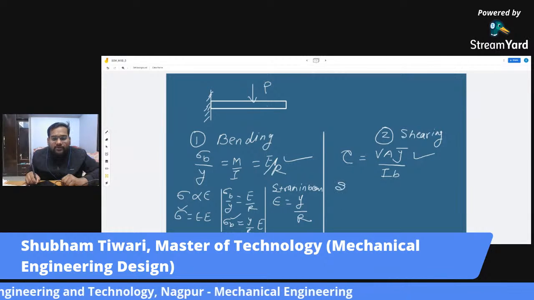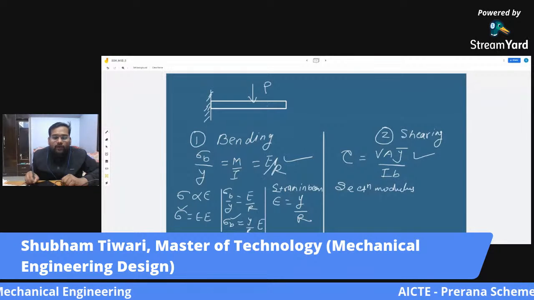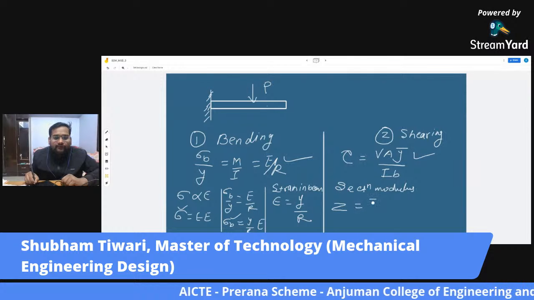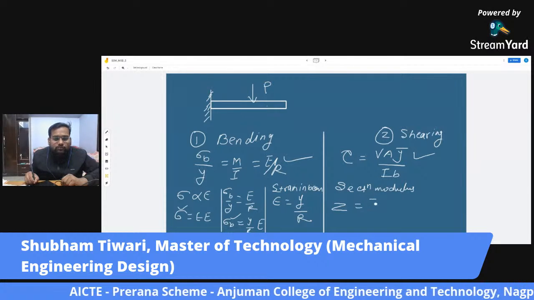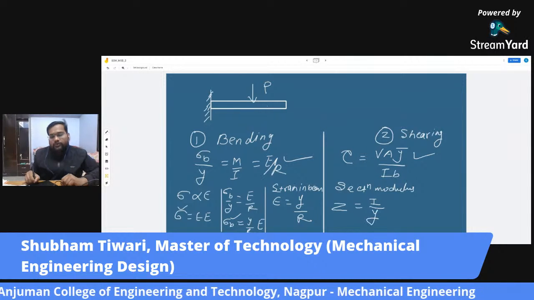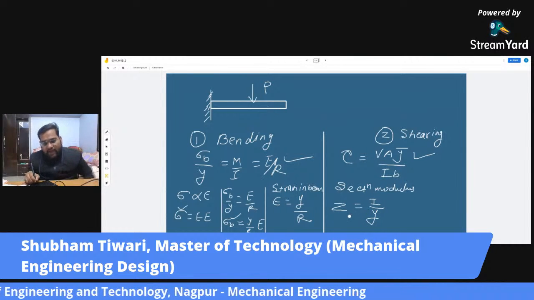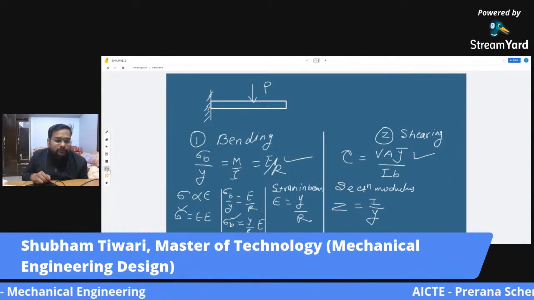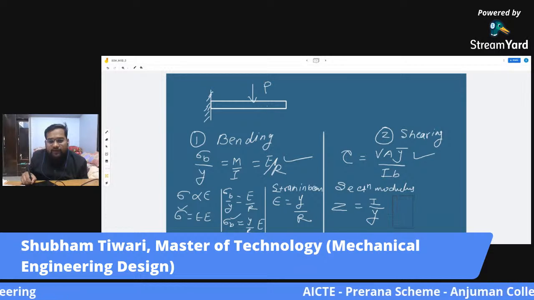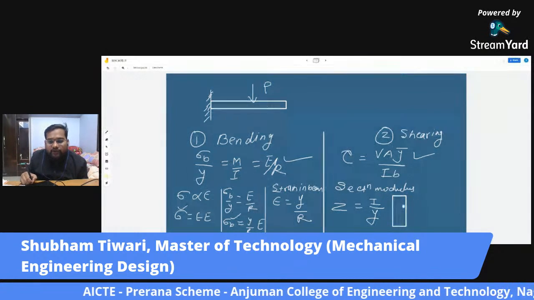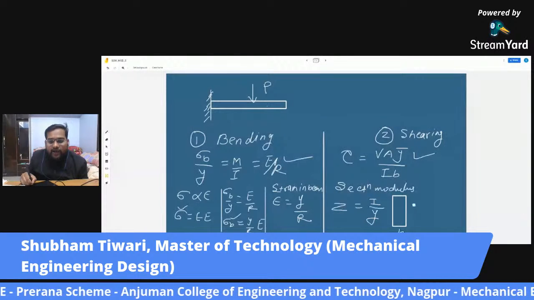The other thing is about section modulus. Now section modulus is denoted by the term Z, and it is the ratio of the moment of inertia and the distance from the neutral axis. Z equals I by y. So for a rectangular beam, suppose we have a beam with a rectangular cross section, which has a width b and height h.